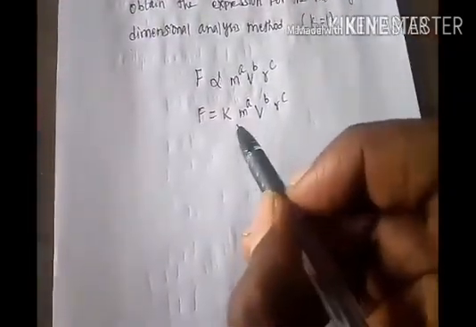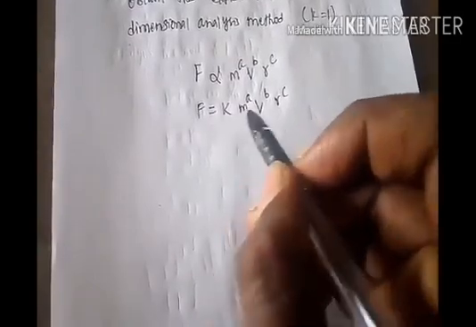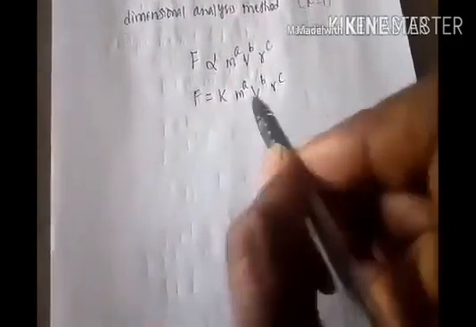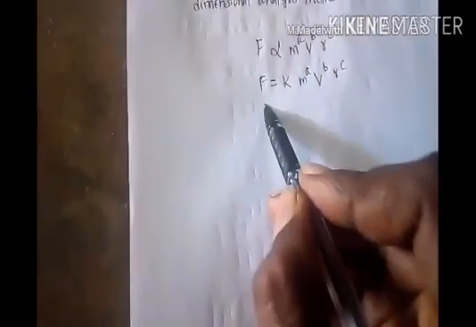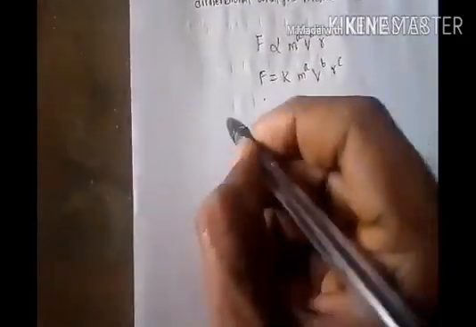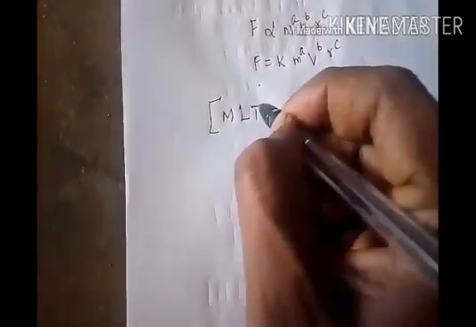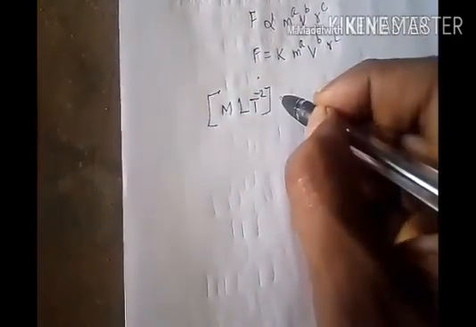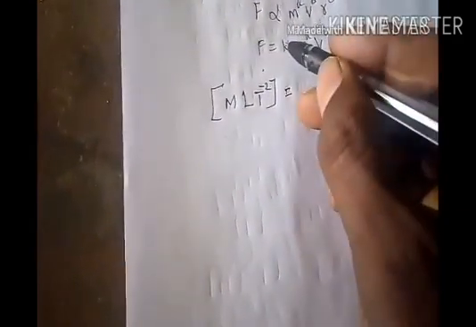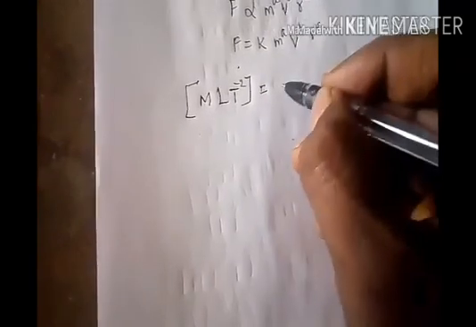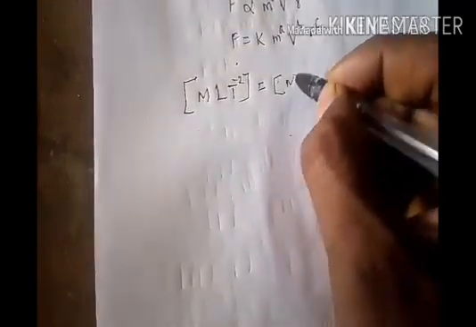Next, I will find out the dimensions on both sides. The force dimension is M L T power minus 2. Next, k is a constant value, so there is no dimension. Next is mass, so the mass dimension is M, so M power a.